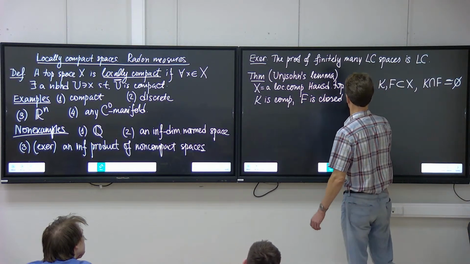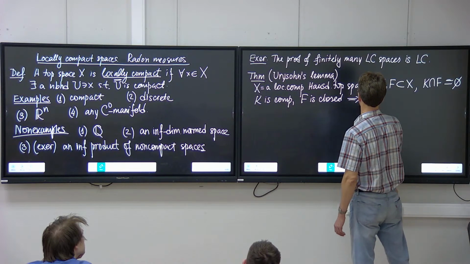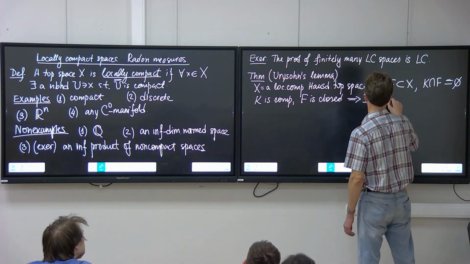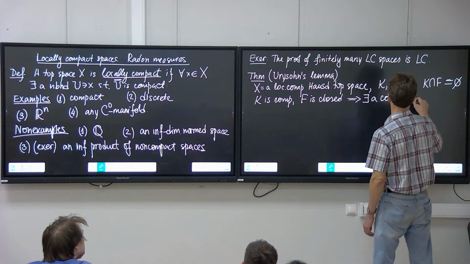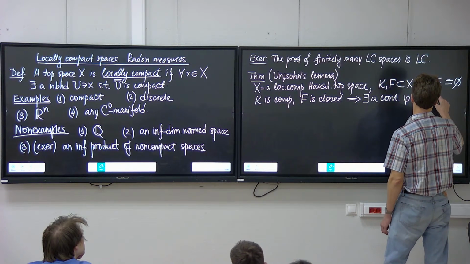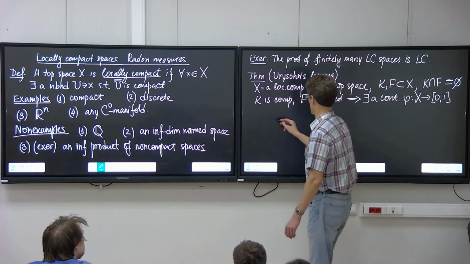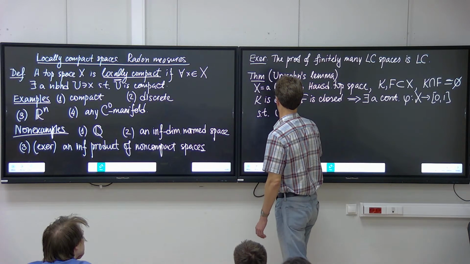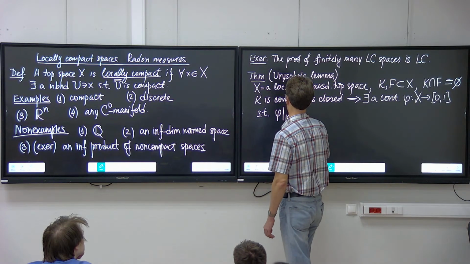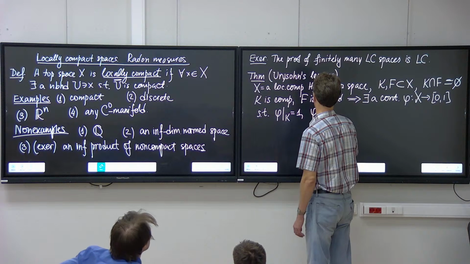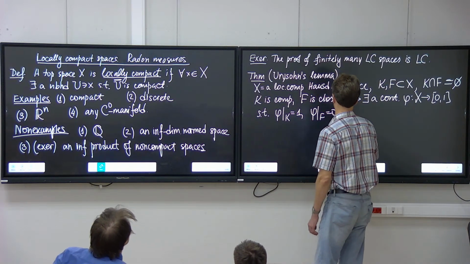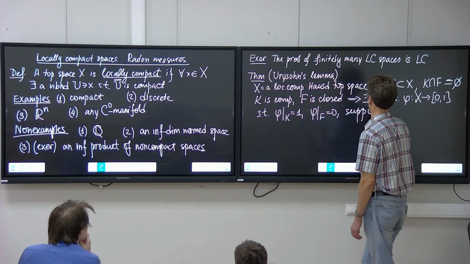So Urysohn's lemma states that we can always find a continuous function phi from X to the interval [0, 1], such that phi is identically 1 on K, phi is identically 0 on F, and moreover such that the support of phi is compact.